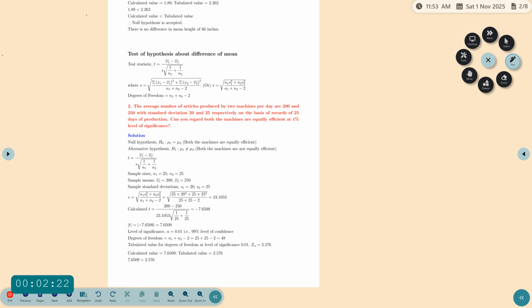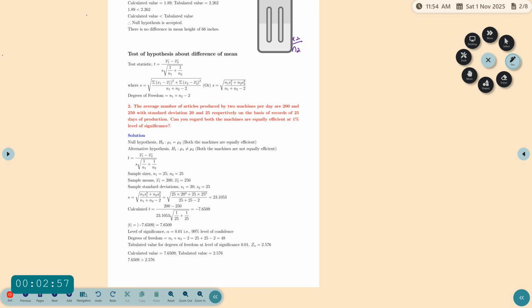We can find x1 bar and x2 bar using the formula based on whether it is raw data or a frequency distribution. If it is raw data, we use x1 bar equal to summation of x1 by n1. X2 bar will be calculated using summation of x2 divided by n2. From this, we can calculate S as the square root of summation of x1 minus x1 bar whole square plus summation of x2 minus x2 bar whole square, divided by n1 plus n2 minus 2.